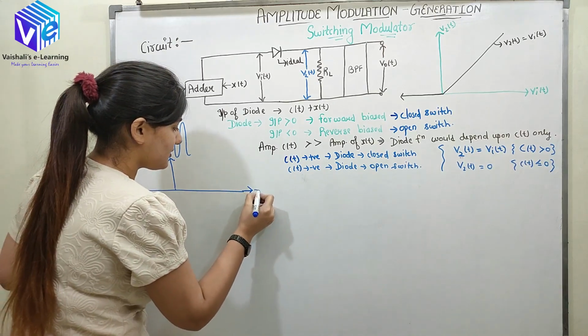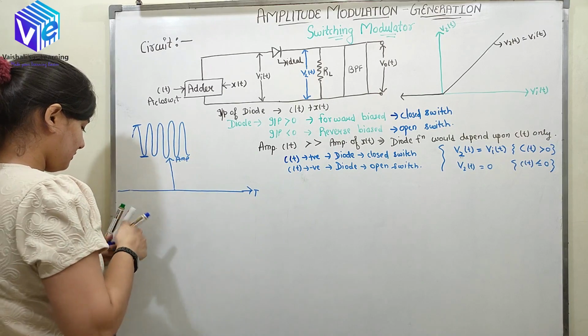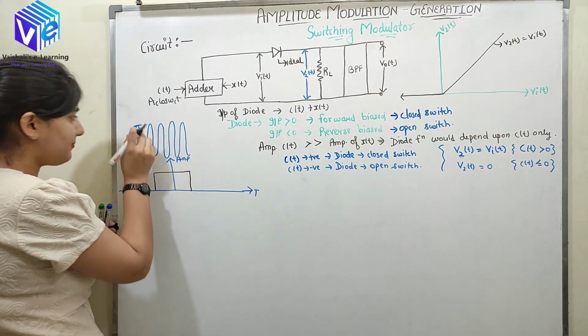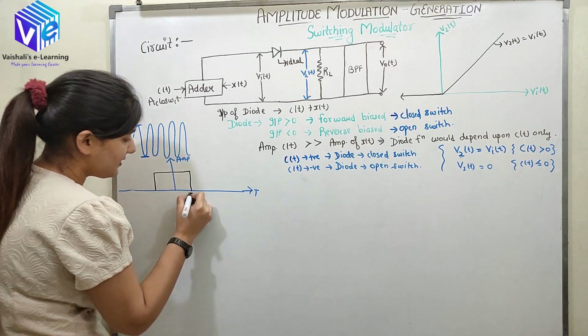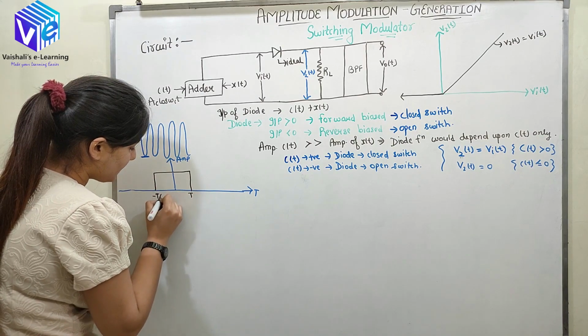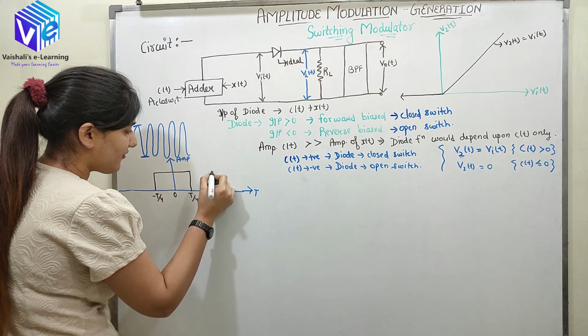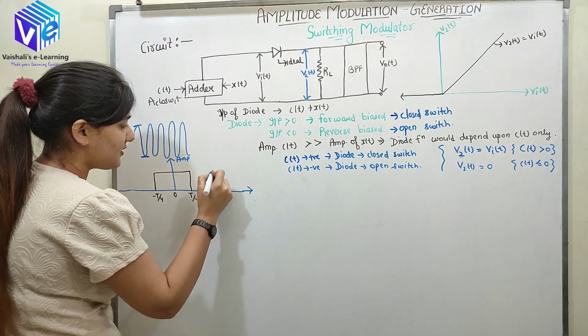This is T and this is amplitude. The amplitude would be 1. For half the period, from minus T/4 to T/4, it is positive. After that it is negative, and the negative is represented by 0.